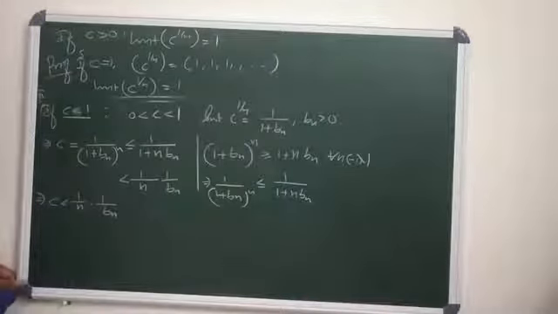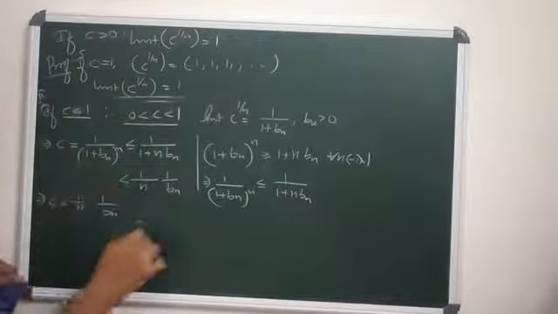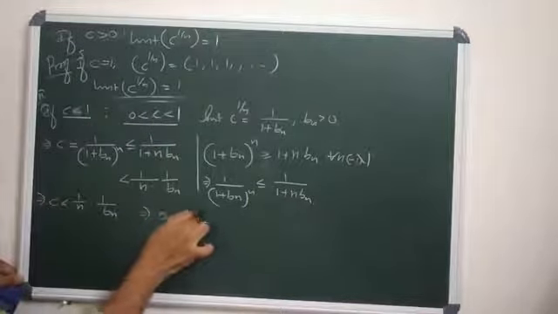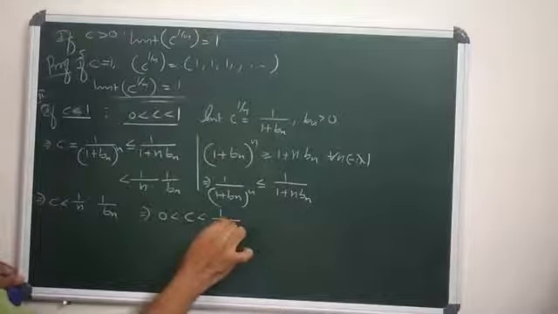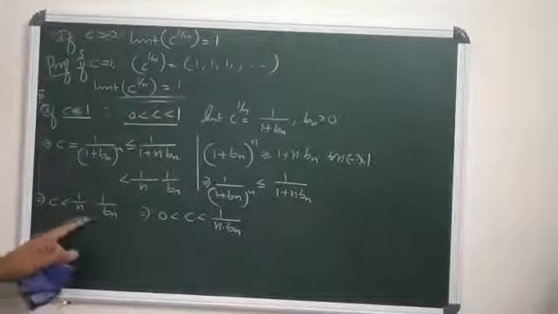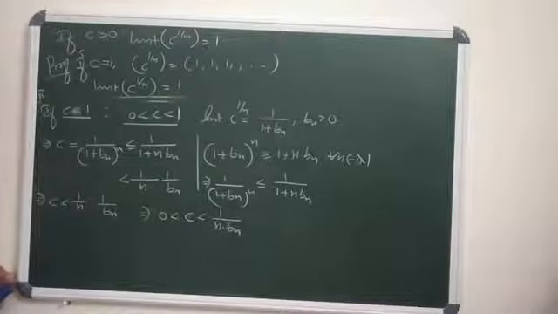Again, we have 0 less than C less than 1, that means 0 less than C less than 1 by n into bn. C is less than 1 by n into bn, but C is greater than 0. So 0 less than C less than 1 by n into bn.